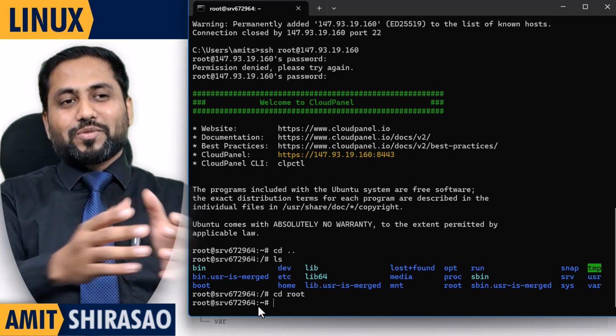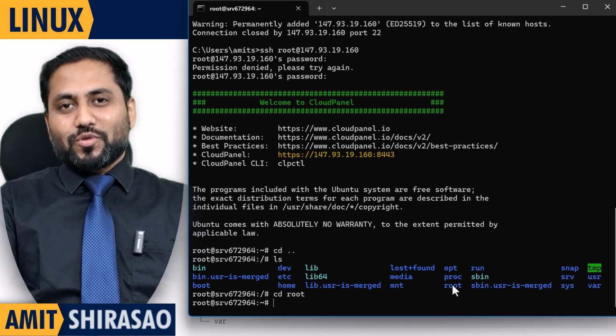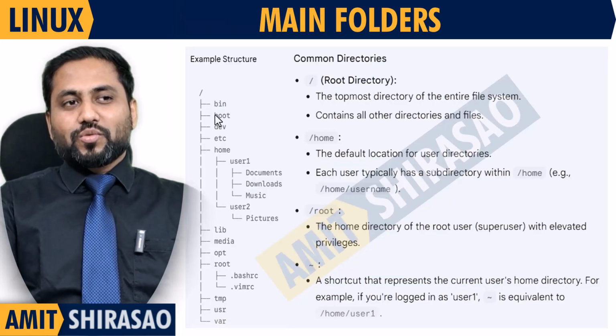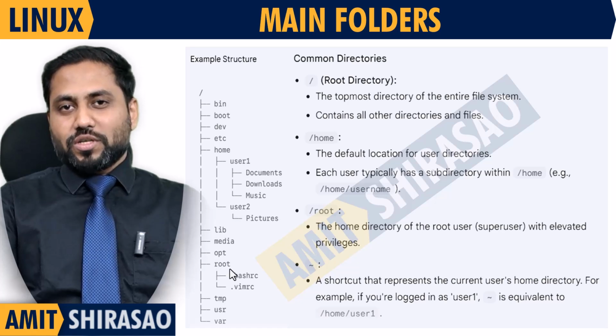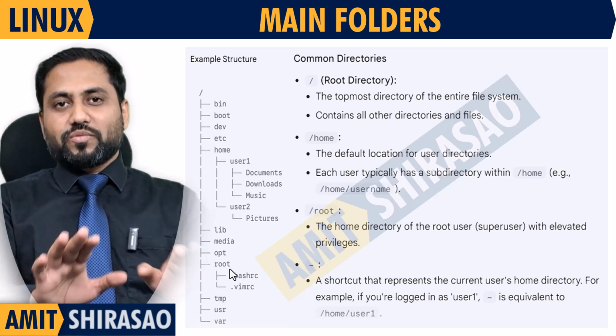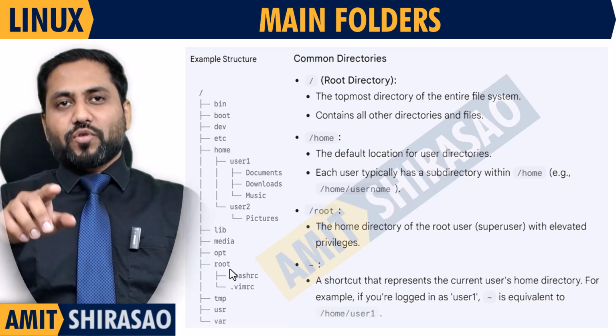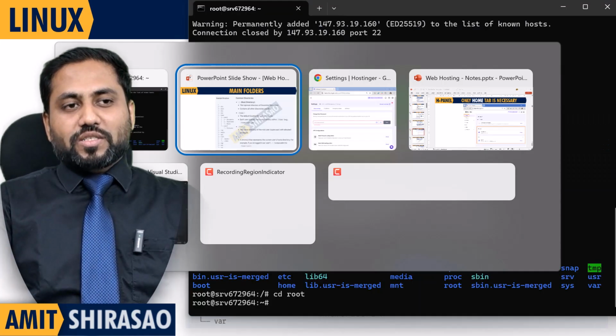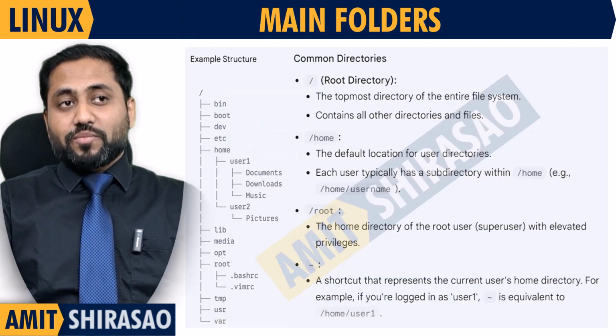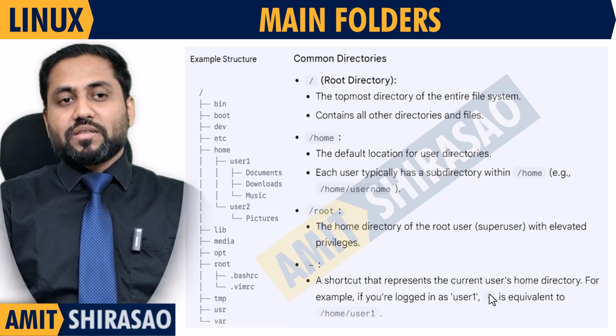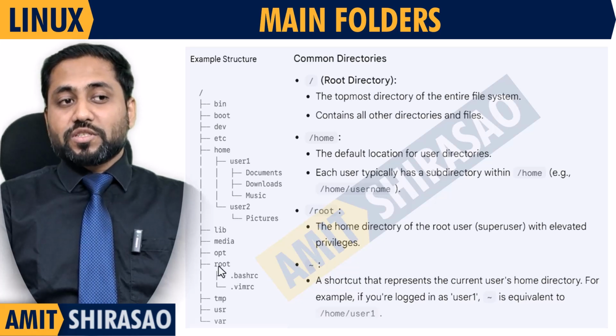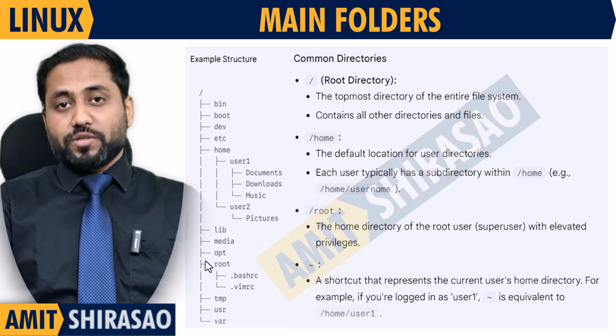So hence proved that I was basically in this root folder. Why? Because I logged in as a root user, so I landed in this folder. So the first folder that I got was this folder. So this is the default folder. And that's why this tilde basically means, when I'm logged in as a root user, the current user's home directory, which is root user's home directory, which is this folder.